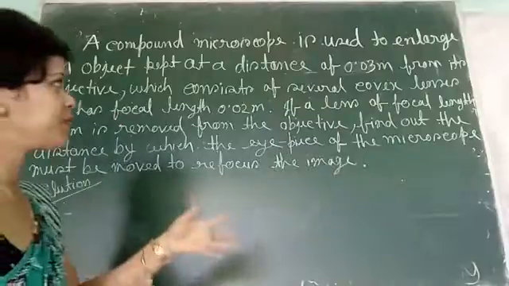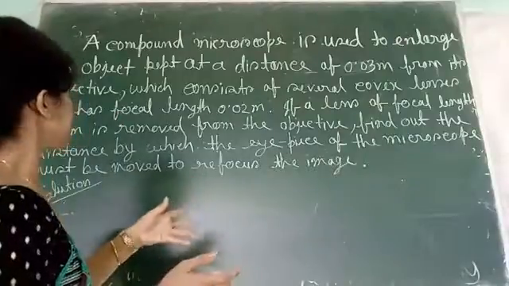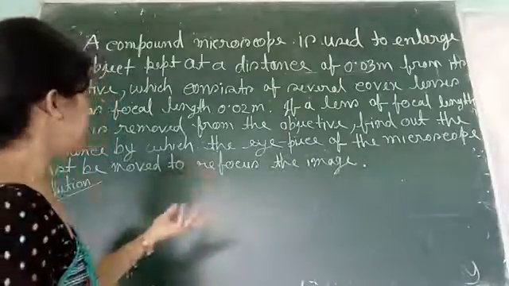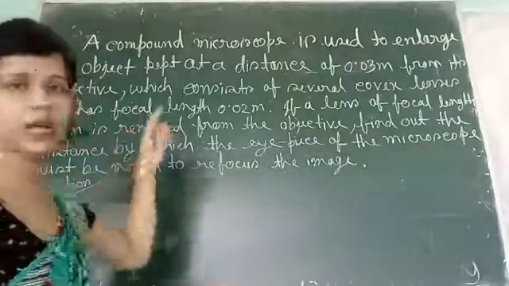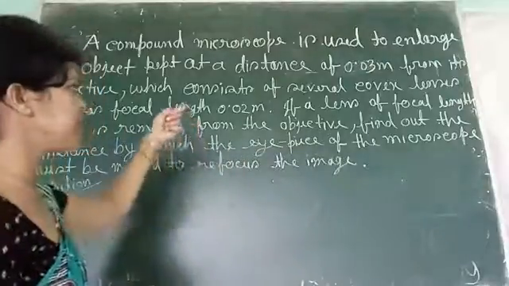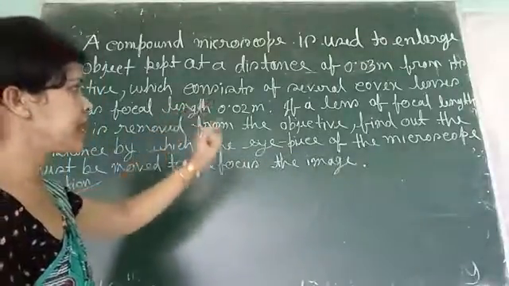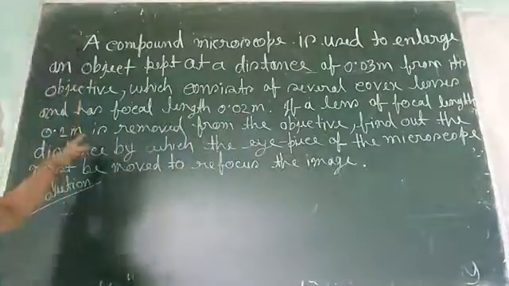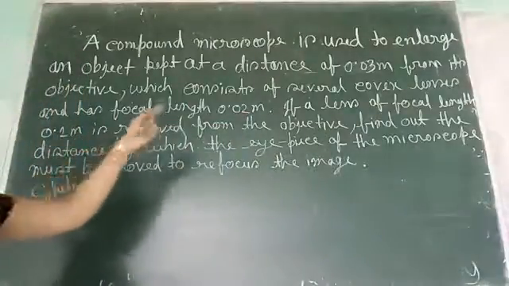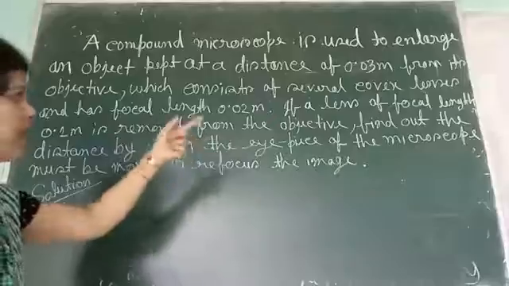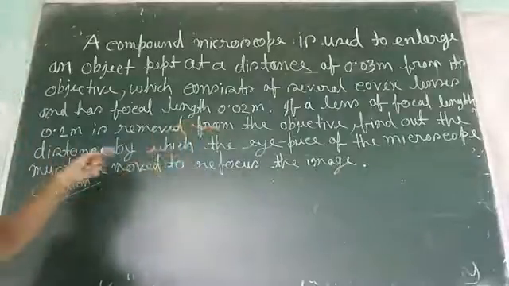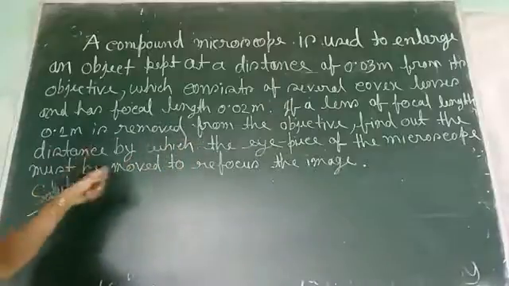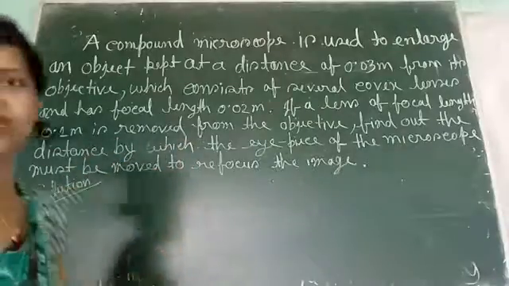Here the objective lens consists of several convex lenses, and the focal length of the objective lens is given as 0.02 meter. If a lens of focal length 0.1 meter is removed from the objective, find out the distance by which the eyepiece of the microscope must be moved to refocus the image.